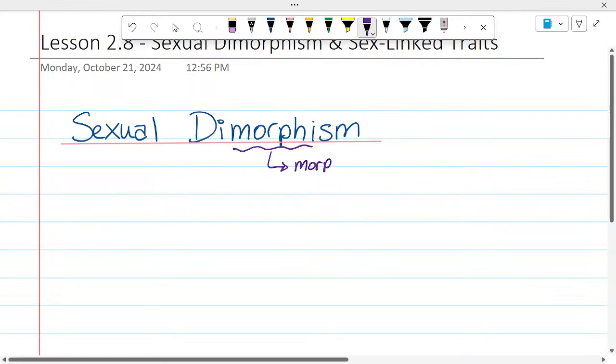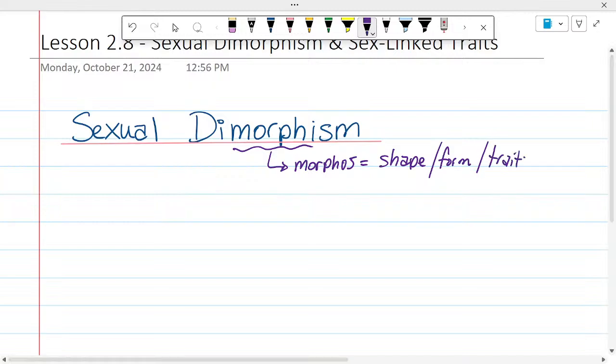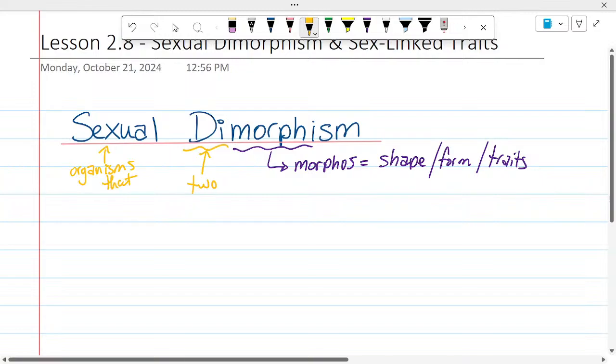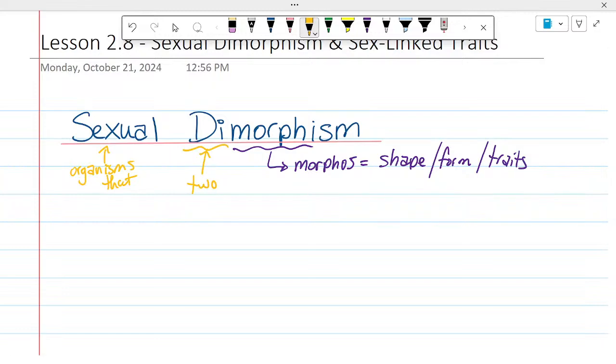We'll say morphos refers to shape or form, which in this case we're absolutely going to take to mean traits. Very good. So traits, and then di means two, right? And then sexual refers to organisms that reproduce sexually. So in sexual dimorphism, we have organisms that reproduce sexually that have two different shapes, forms, or sets of traits. Does that make sense? Are humans sexually dimorphic?